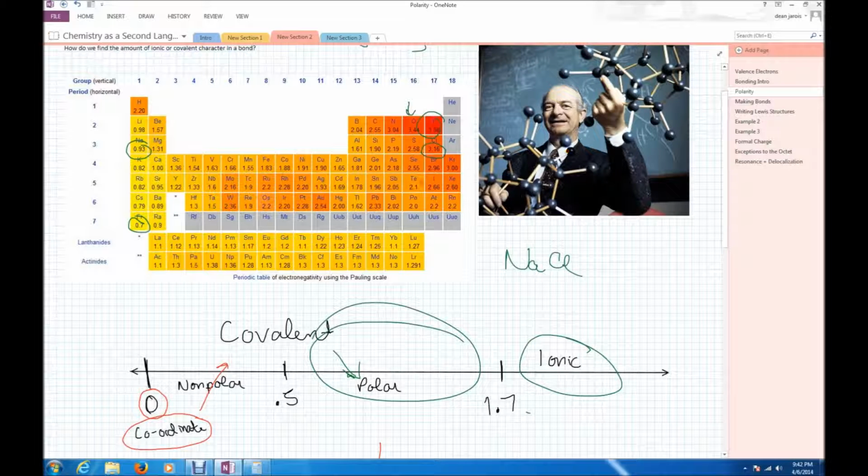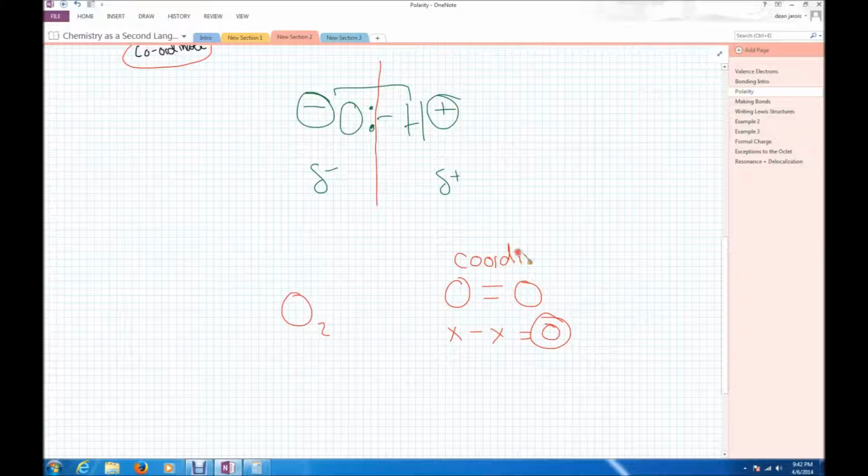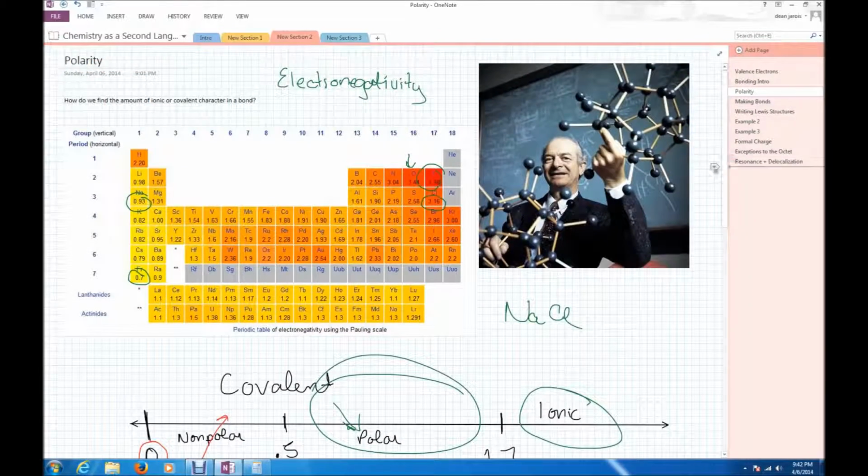So something like one of our Brinclhof elements, let's say diatomic oxygen, there is an oxygen bond here, and it's actually an oxygen double bond. And because these both have the same value, x minus x equals 0, and that would be a coordinate covalent bond. So coordinate covalent bonds only happen with two of the exact same element.